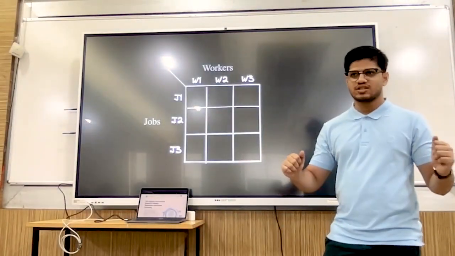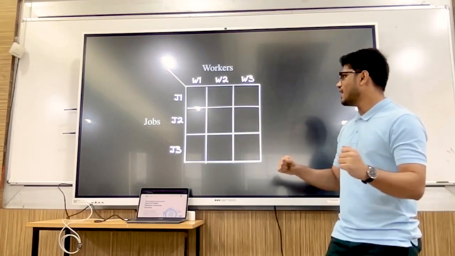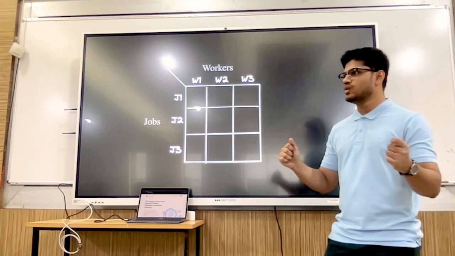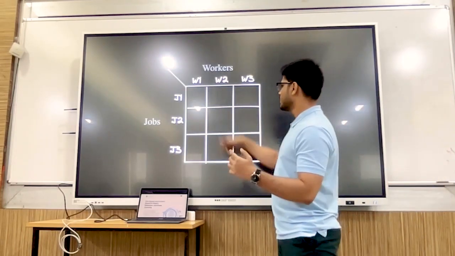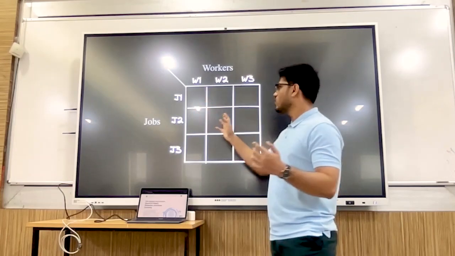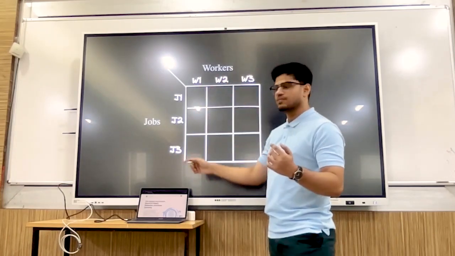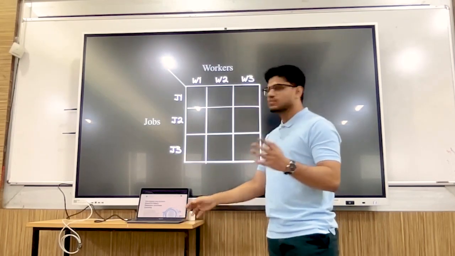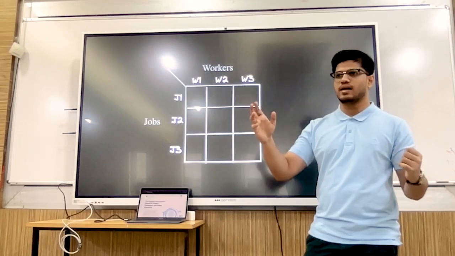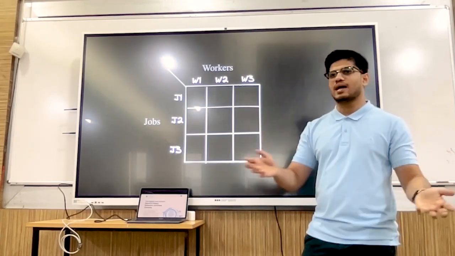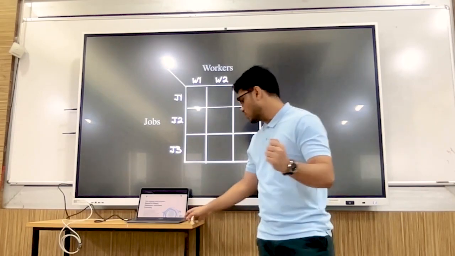Let's take an analogy. There are workers and there are certain jobs. We are going to create this matrix, and we are going to put workers over here in the rows and jobs in the columns. Think of this as a way someone can assign work or tasks to certain workers.